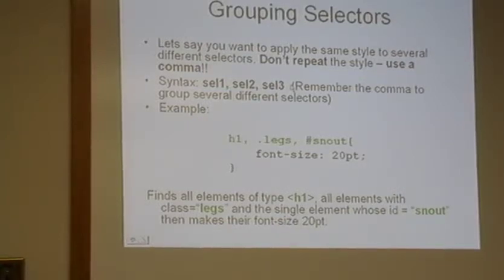A lot of times you have these different selectors that you've already created, but you want to add another style to them. Instead of creating a style for each of these different selectors, you can group the selectors into one block by putting a comma between each selector. So let's say we want anything that's an H1 element, anything that has the class legs, or has an ID of snout, to have its font size changed to 20.